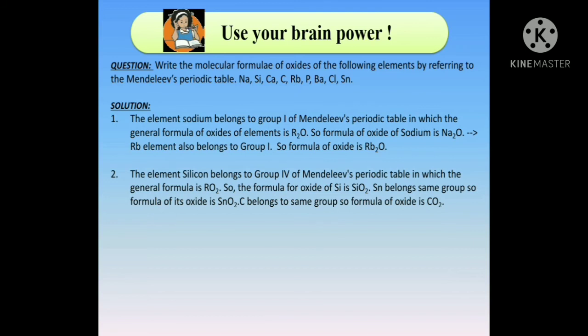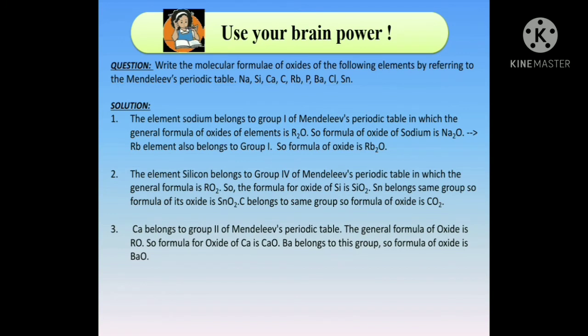So, the formula for oxide of silicon is SiO2. Sn belongs to the same group, so the formula of its oxide is SnO2. C also belongs to the same group, so the formula of oxide is CO2, carbon dioxide.